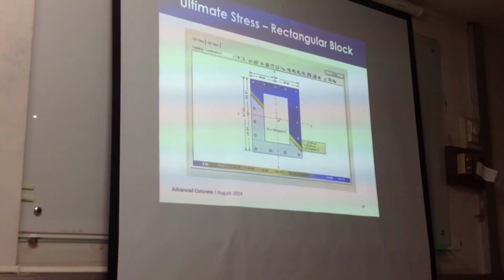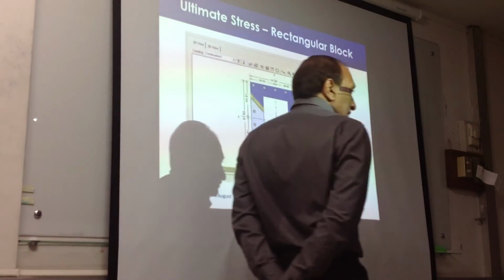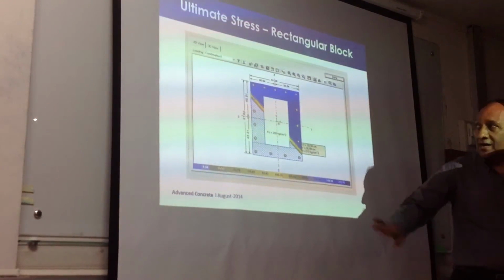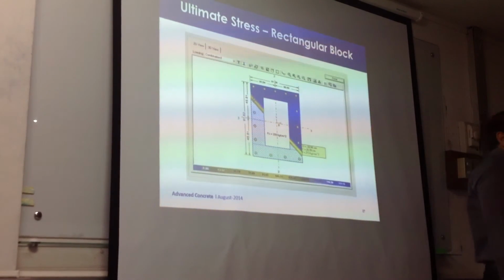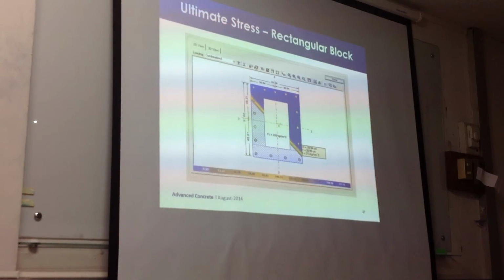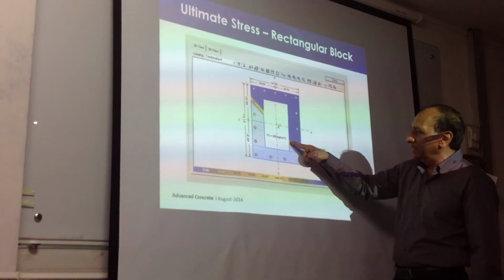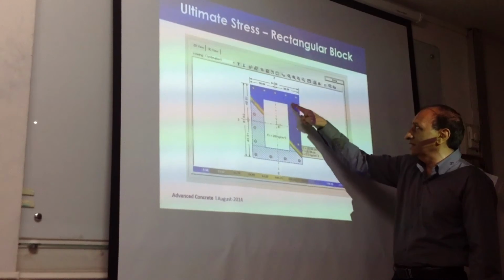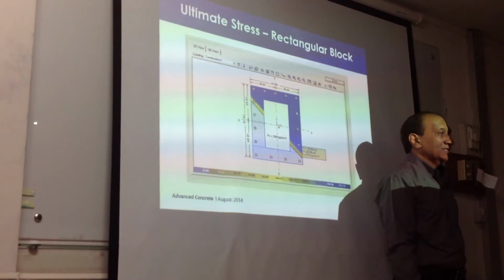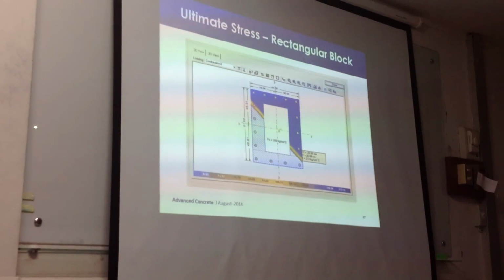So, ultimate stress block, this is an interesting idea. ACI, coming back now. They assume that the entire portion which is in compression has a uniform stress. You've seen the stress block in concrete, right? So they assume that everything between the neutral axis and a beta distance away from that has a uniform stress on the concrete, just for the sake of calculation ease.